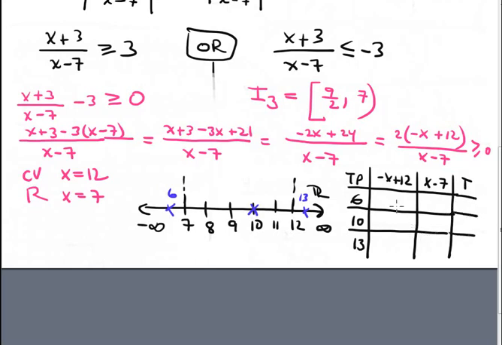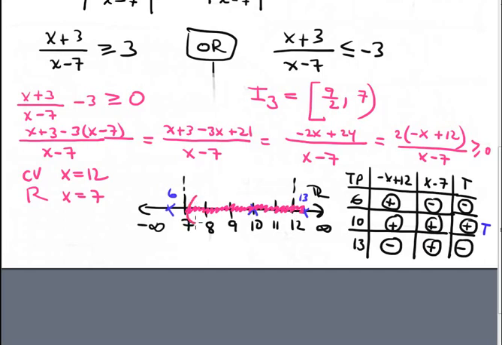Let's evaluate the signs: plus, minus, minus; plus, plus, plus; minus, plus, minus. This must be greater than or equal to 0, therefore the only true part is this one, staying here, from 7 to 12.